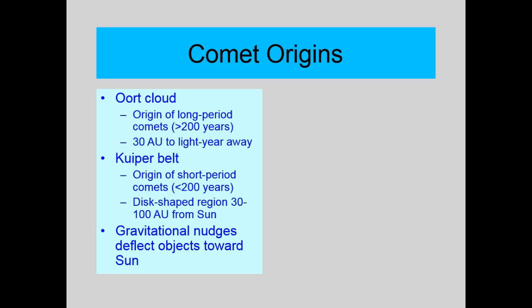Now, remember, the furthest out planet was Neptune, around 30 astronomical units out. So these comets originate in the Oort cloud, anywhere beyond Neptune up to a whole light year away. Remember, a light year was something like 6 trillion miles away.